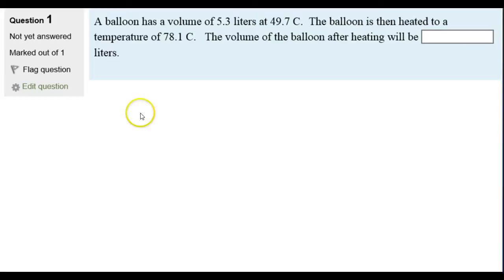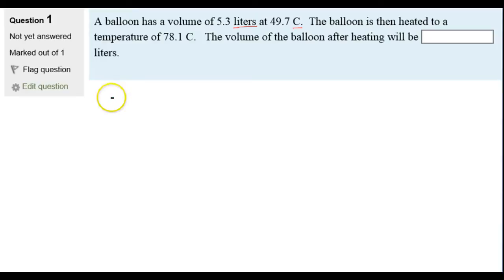You have to ask yourself, what formula do I know that uses both volume and temperature? Well, that is going to be a Charles law problem. We've got volume because it's liters, and we've got temperature because it's degrees Celsius, and no other variables. So this is going to be a Charles law problem.